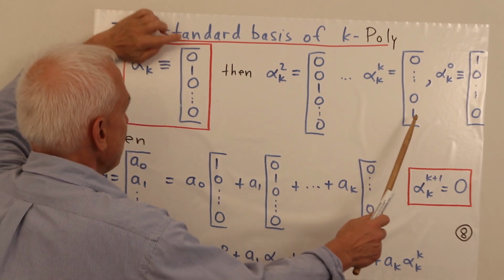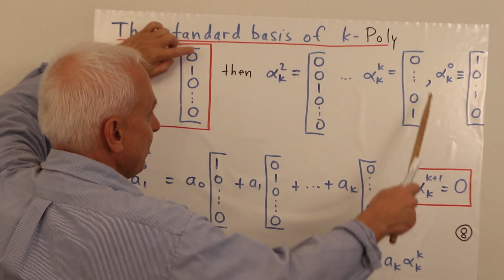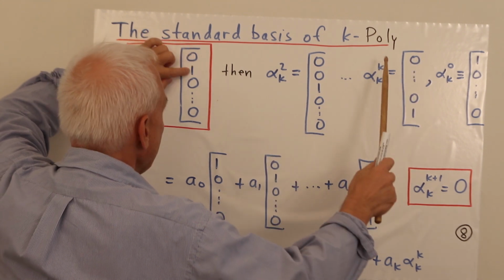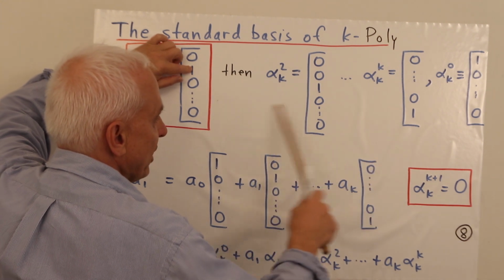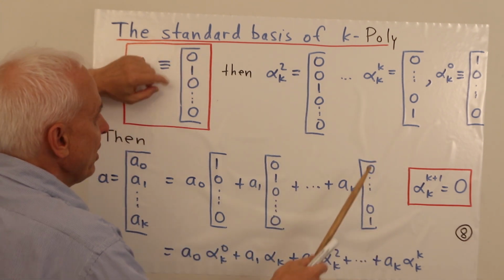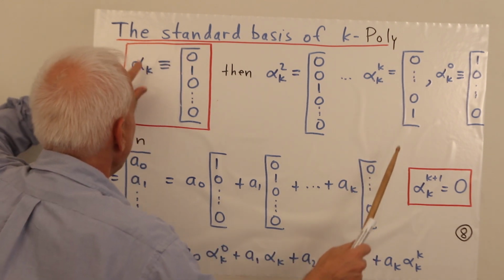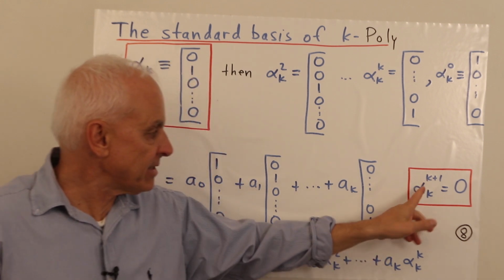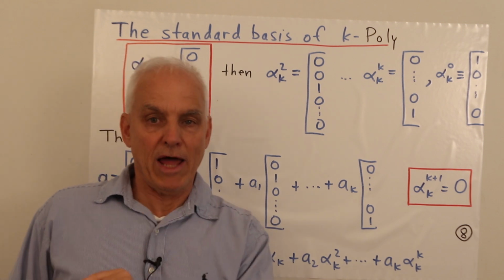Well, what you do is you're going to calculate these products, but there's only a single 1 in this case, there's only a 1 in this case, and none of these products that occur in the expansion will have the product of this 1 times this 1. So every single entry of the product of this one with this one will be 0. So this is a very different property that alpha sub k has from the usual alpha.